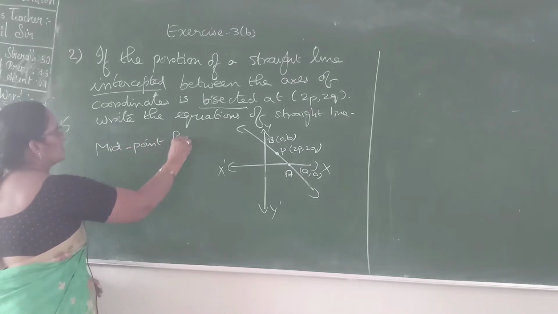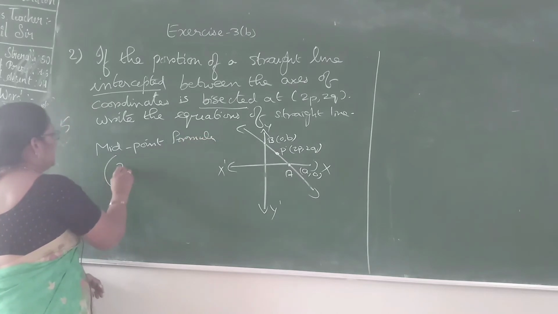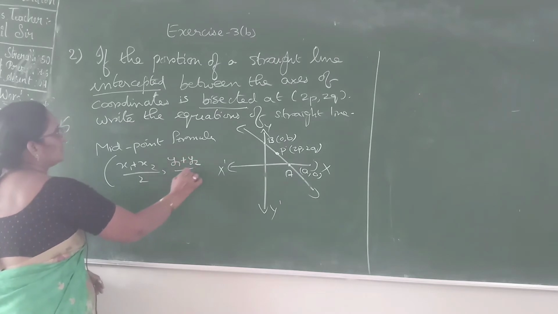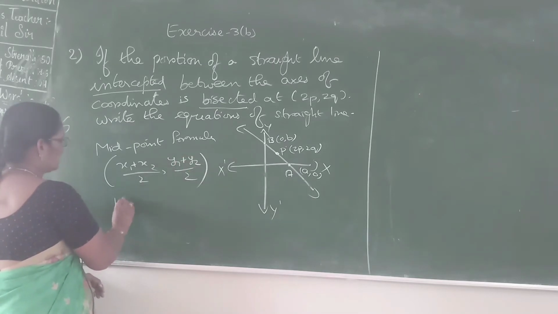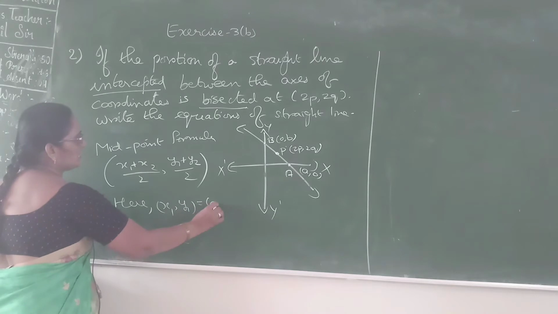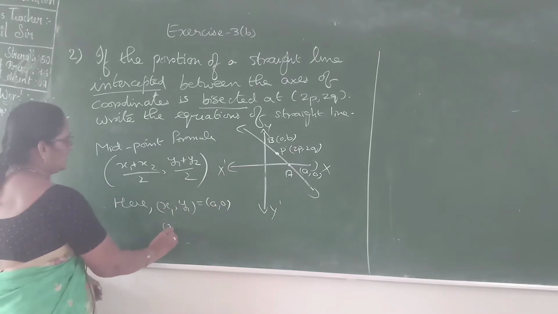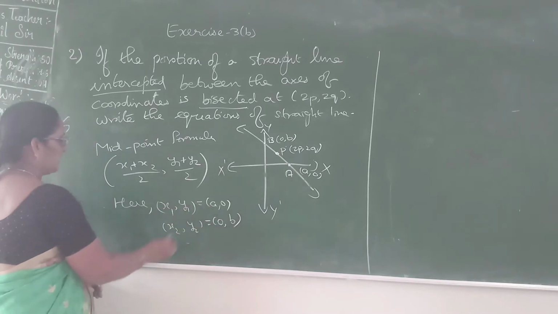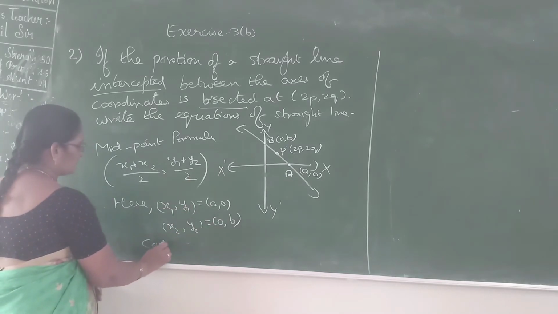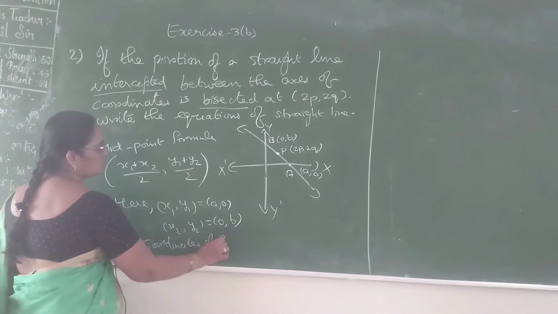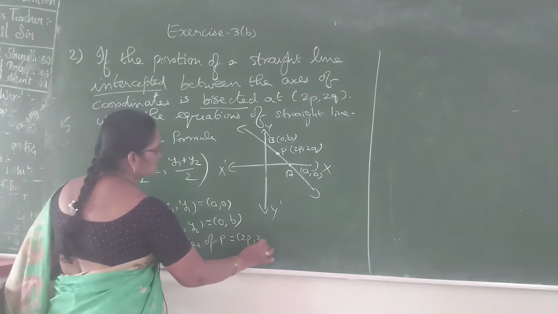So the midpoint formula. What is that formula here? x1 plus x2 by 2 comma y1 plus y2 by 2. Here you can consider x1 comma y1 is equal to a comma 0, and x2 comma y2 you can take as 0 comma b, and the coordinates of p equal to 2p comma 2q.